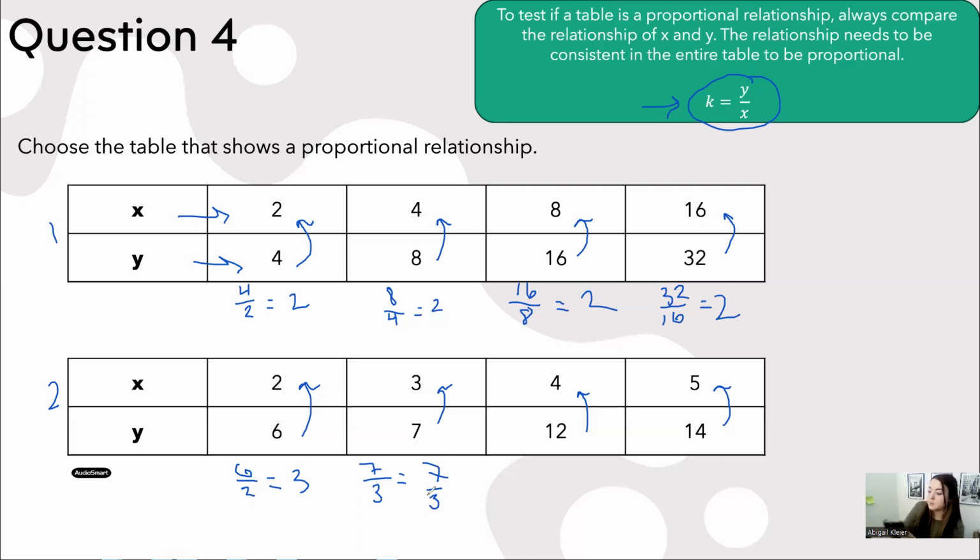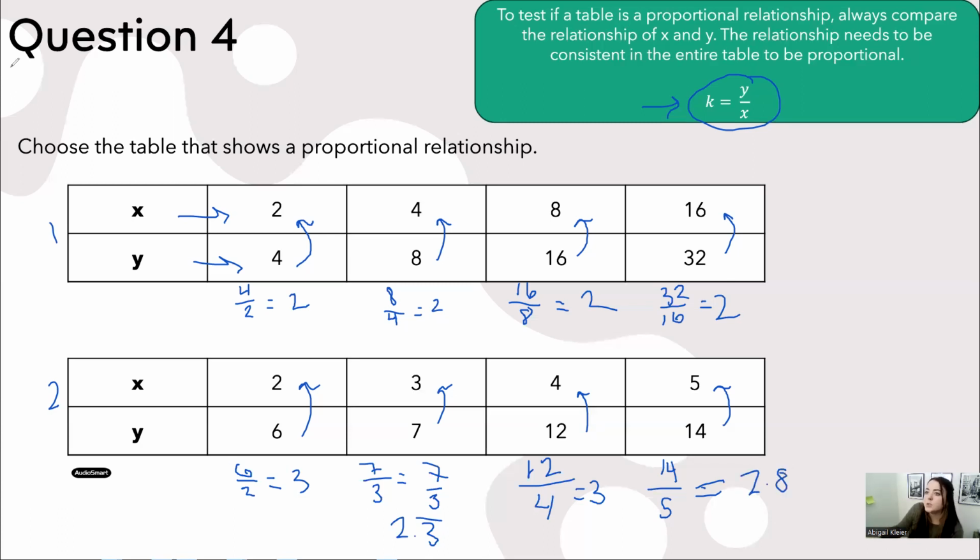I can go ahead and plug it into my calculator to figure out what the decimal version would be. 7 divided by 3 is approximately 2.3 repeating. Next, I have 12 over 4, which is 3. And then I have 14 over 5. Again, I'm going to use a calculator for that. I don't know it off the top of my head. 14 divided by 5 is 2.8.